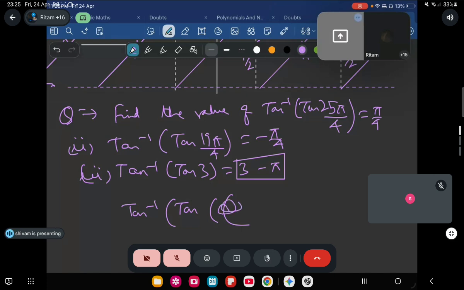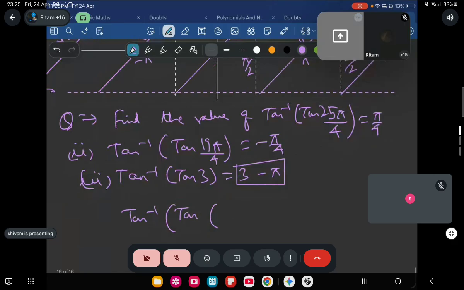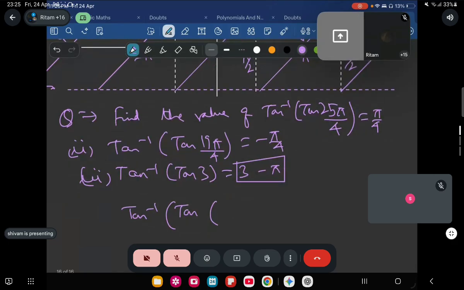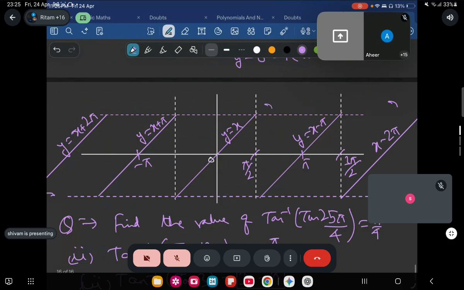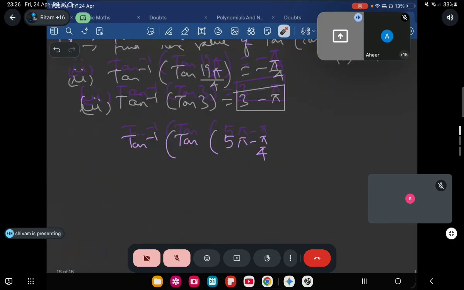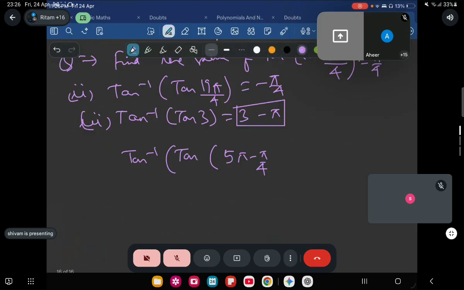Wait, it's 19 pi by 4, right? So it is 5 pi minus pi by 4. Where will it lie? So everyone, this is pi, x minus 5 pi. That will give us minus pi by 4. Tell me, Abhiksha, have you understood? Yes, sir.